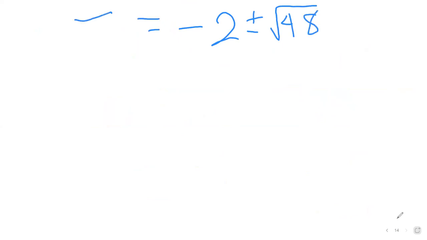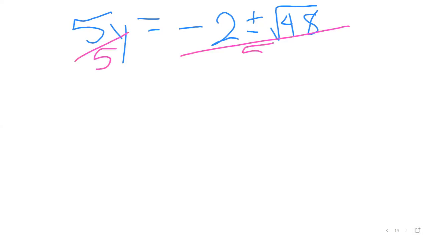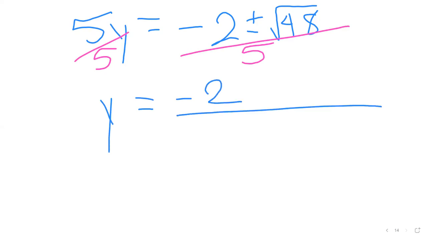And a 5y left over here for us. Now we can divide 5 on both sides. You get y by itself, and then that's going to be a -2 over 5.